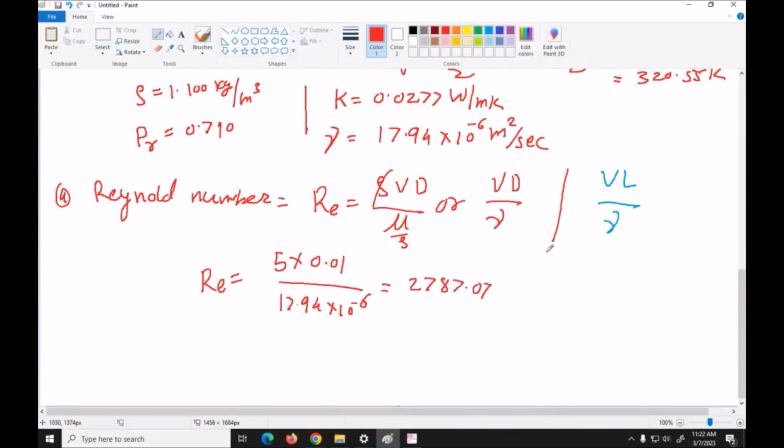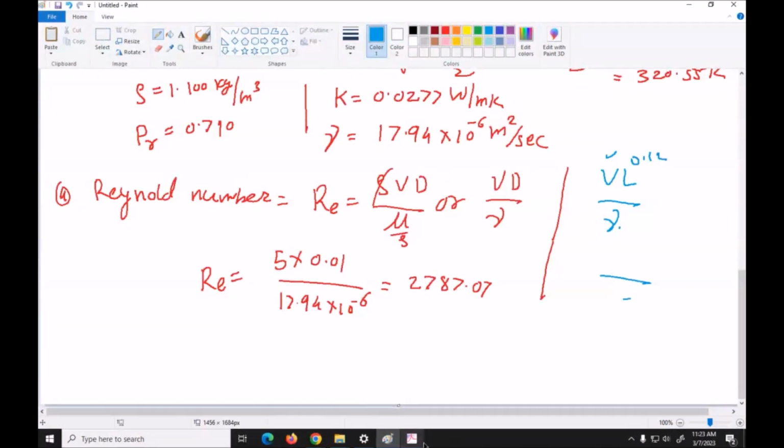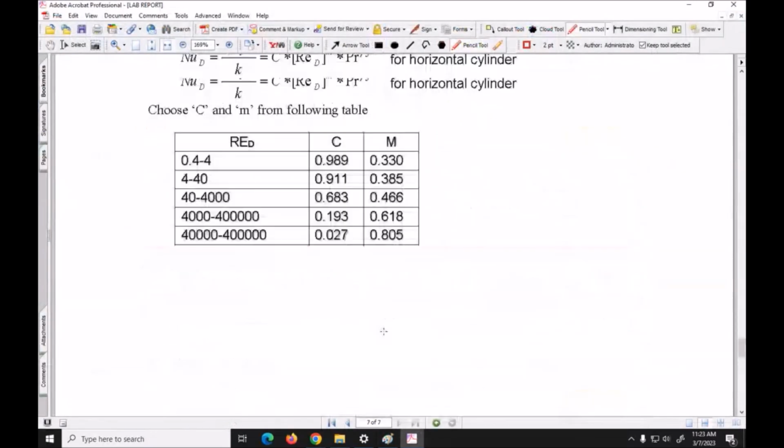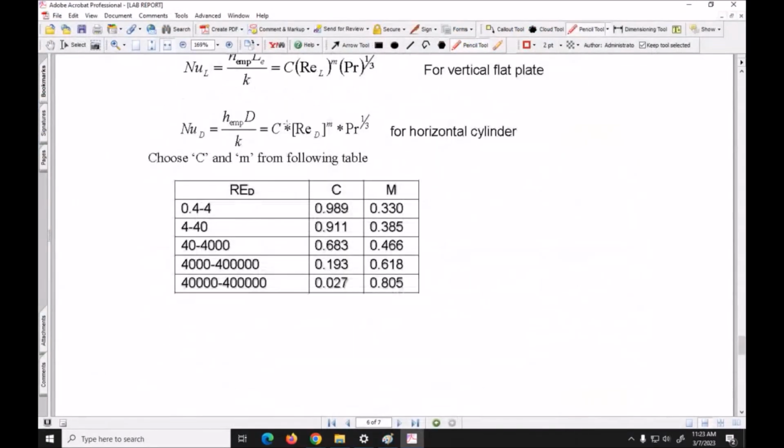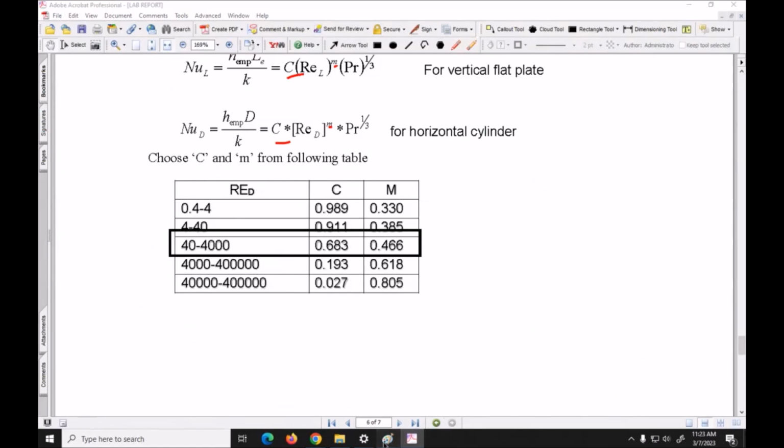Re is 2787.07. Similarly calculate for the vertical plate: put the velocity which is given to you, length is 0.12, and nu from the table. Once you know the Reynolds number, go to the table. From this table, find out C and m. So the Reynolds number is somewhere in between, so we can write C and m as 0.683 and 0.466.